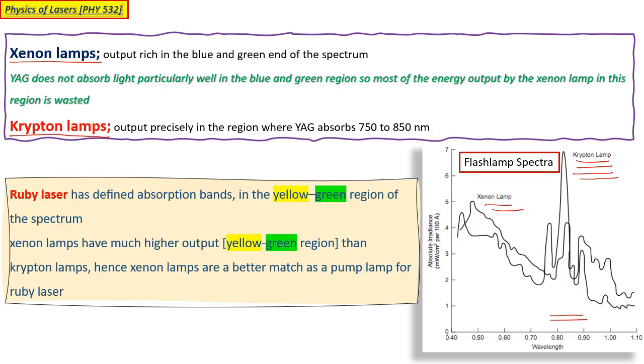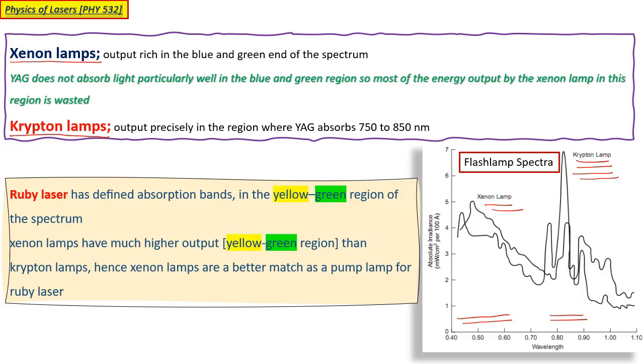On the other hand, the xenon lamp. So xenon lamp, what do you see here? कि xenon lamp का जो strong region है is from something around 500 nanometer onward. It can go up to 600 nanometers.